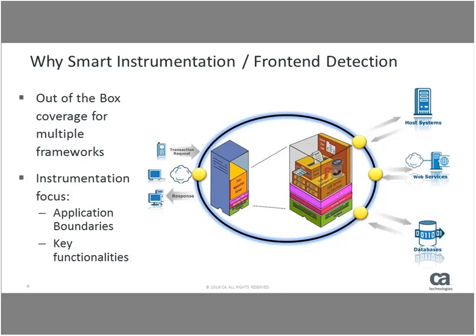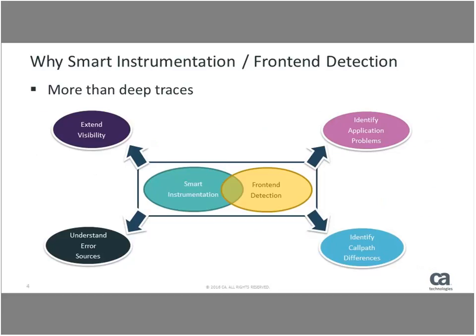But sometimes it's necessary to go beyond these most important components to identify what happened inside different transactions, what happened in between controller components and a call, for example, to an external web service. So looking into these two features, smart instrumentation and front-end detection, it's more than only deep transaction traces with multiple components.